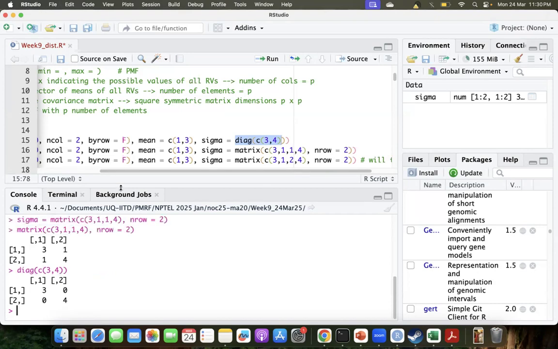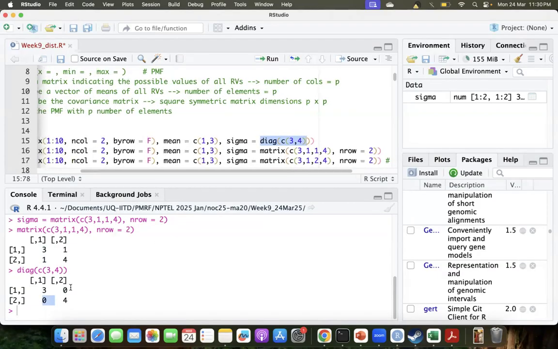The important thing here is that in both cases the variance of x is 3 and the variance of y is 4. In one case the covariance is 1, and in the other case the covariance is 0. Again, this is based on what your data is. Both of these are absolutely acceptable. It just depends on what sort of distribution you are looking at.